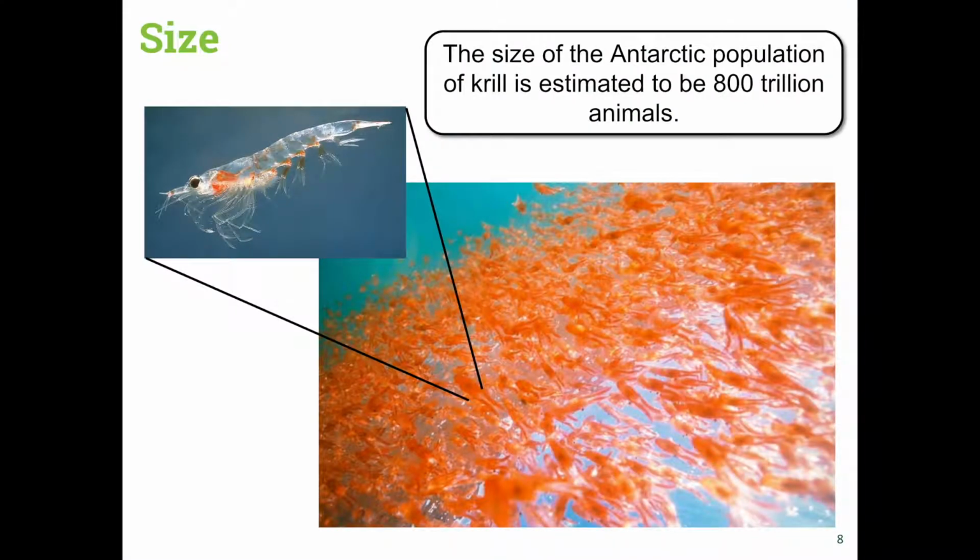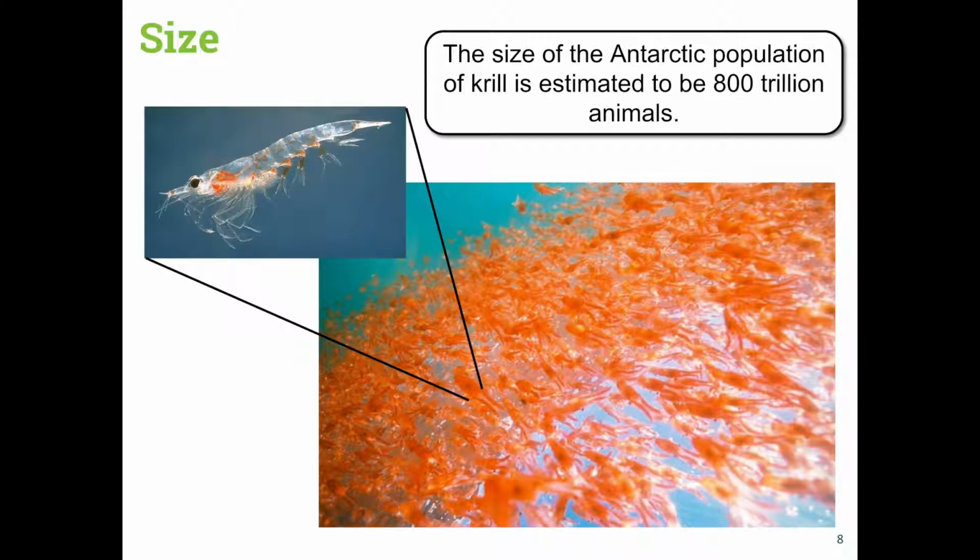So the first key feature that we use to characterize a population, which should be obvious, is size. When we define the word population, we mean all of the individuals of a given species that live and reproduce in a particular place.